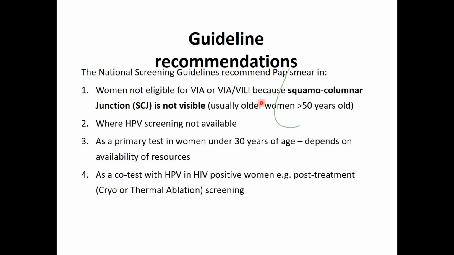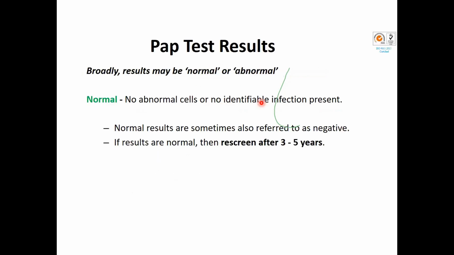Now, as a co-test for HPV in HIV positive women, like when we've had a positive lesion, we have done a treatment therapy and these patients are coming back for a screening, we can also do that pap smear. When we have results, we have normal results and we shall have abnormal results.